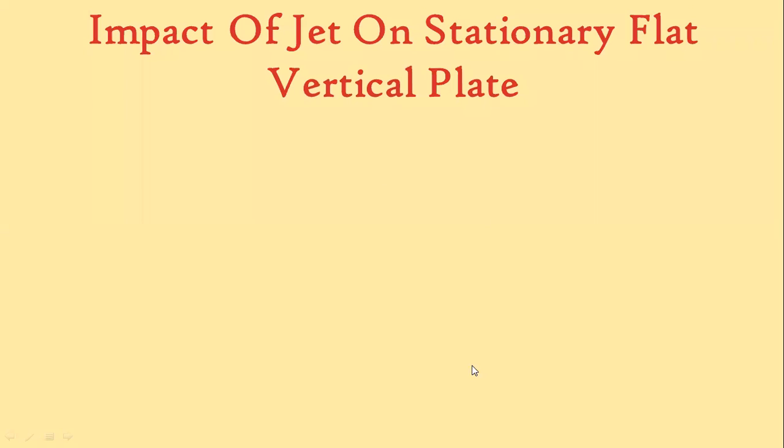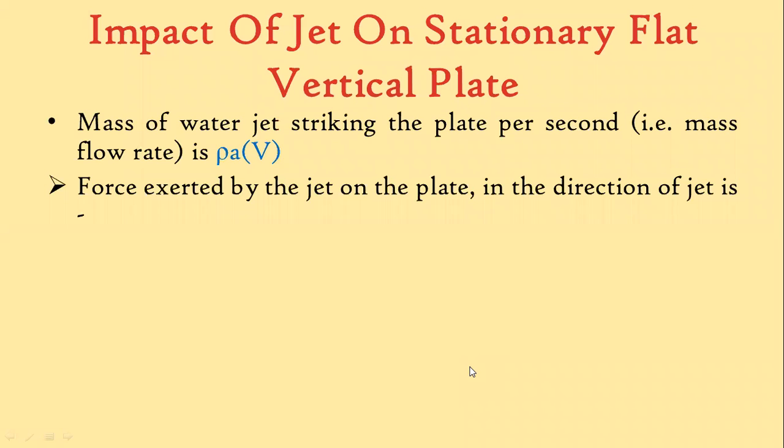Now, mass of water jet striking the plate per second. As I told you in the last lecture, mass of water jet striking the plate, let me denote it by m, per second will be equal to mass density into volume per second.